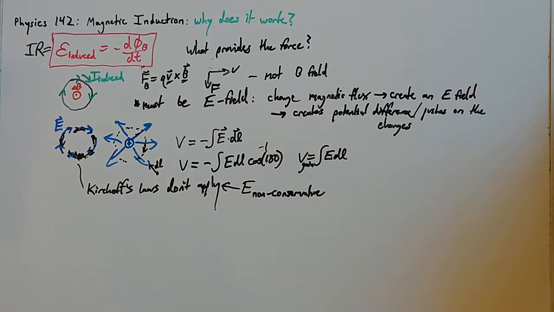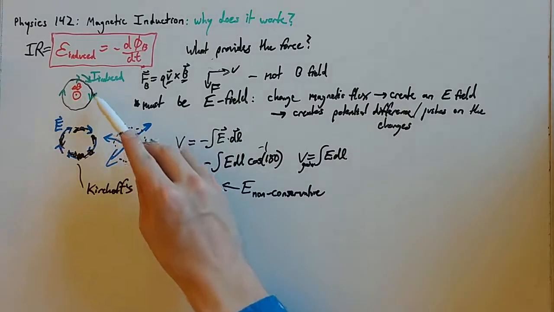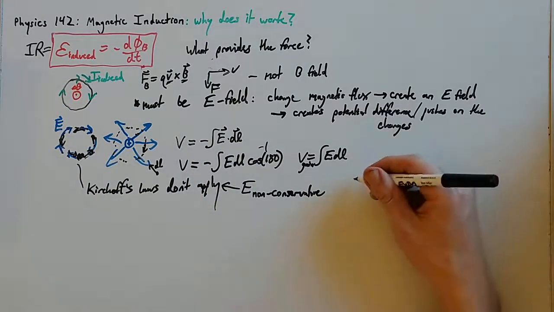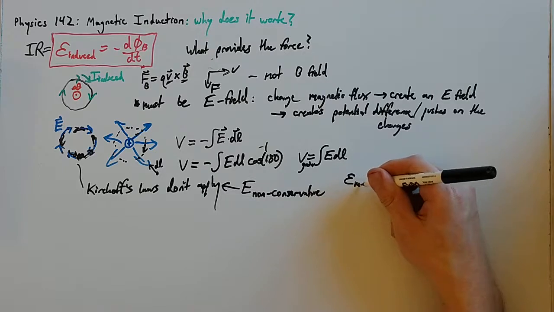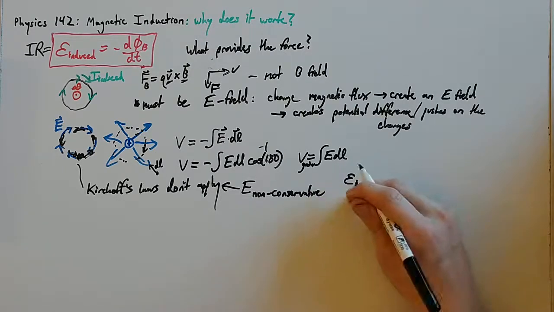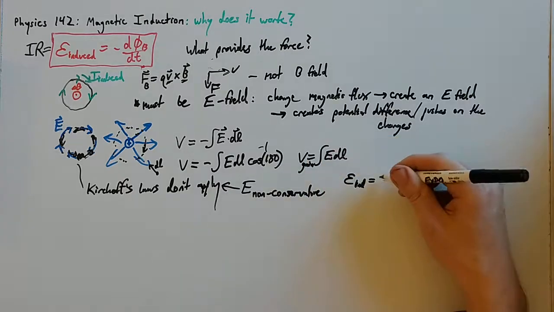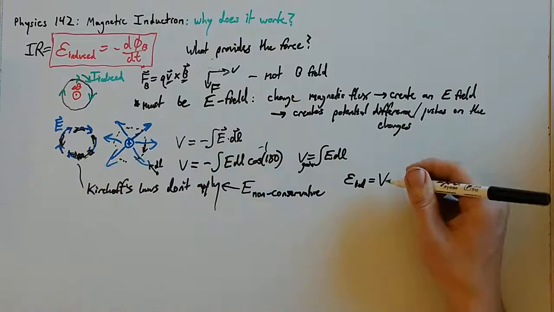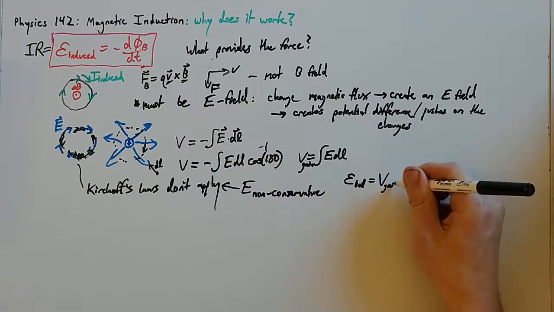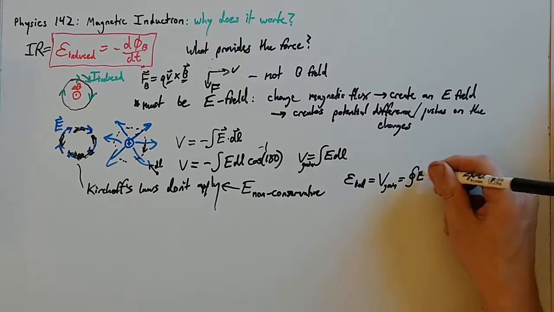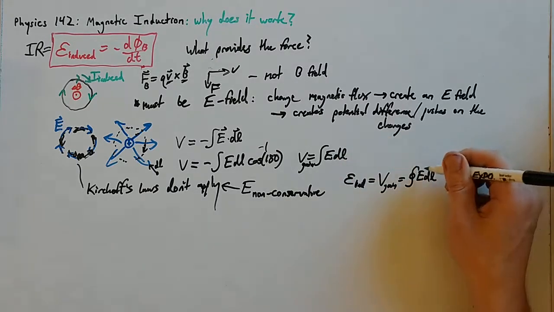And so what we get from all of this is that what's creating this current, well, the induced EMF, is going to be basically whatever V we gain when we walk around the circle once. It's going to be the integral over a closed loop of E dot dl, and I should make it a dot product to be clear.